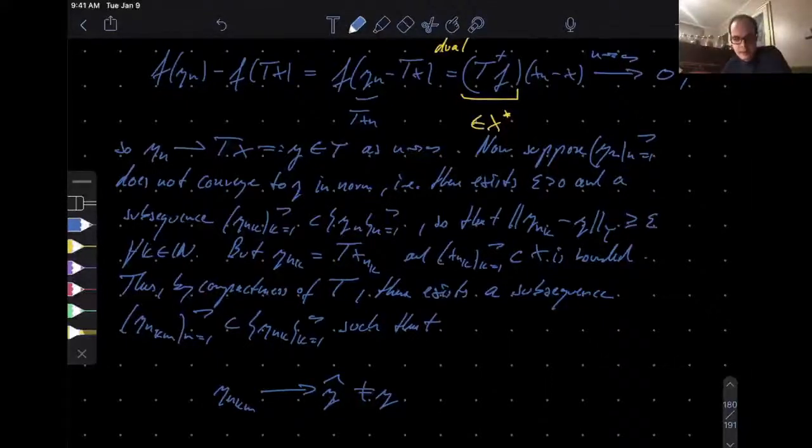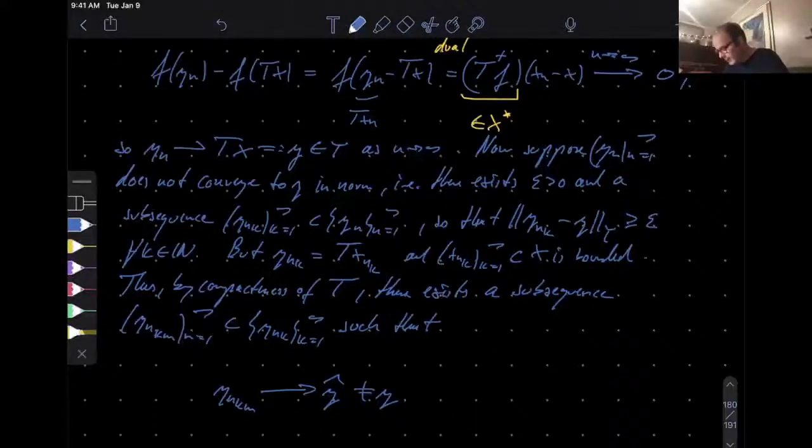Maybe I'll say it in words and write it next time. The subsequence y_{n_{k_m}} that converges in norm to y hat, of course it also converges weakly to y hat, right? But y_{n_{k_m}} is a subsequence of y_n, and we already know y_n converges weakly to y. So in turn, this y_{n_{k_m}} has to converge weakly to y, and that's your contradiction.